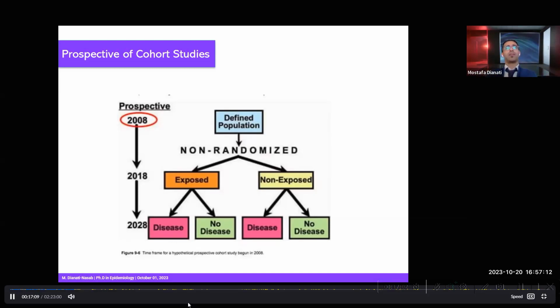And then in each category, we will look at the disease, if they are sick, if they got, for example, cancer or cardiovascular disease or not. So the key point here is non-randomized. Try to remember this one because we need it for the next presentation, which is about experimental studies.